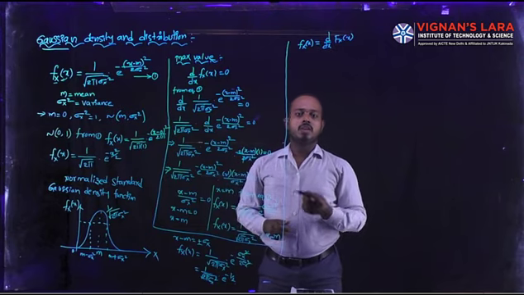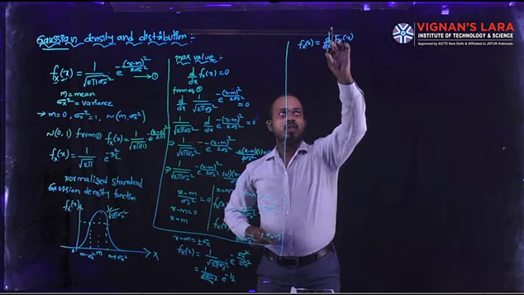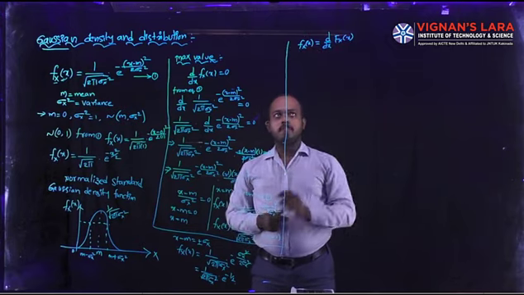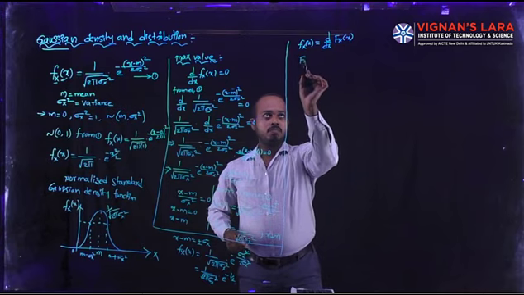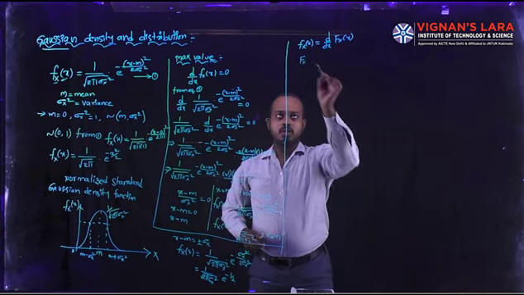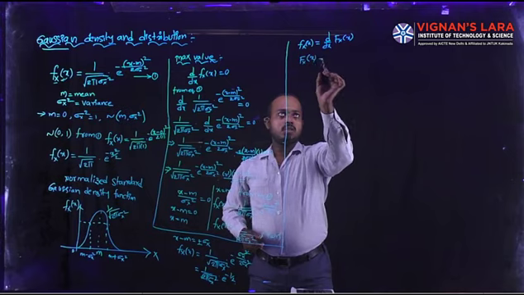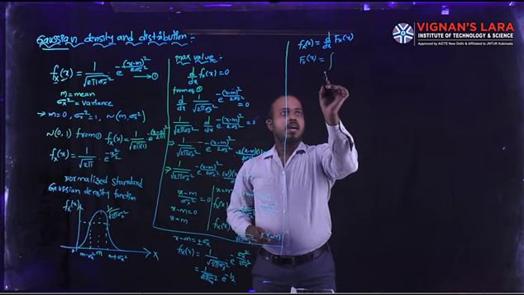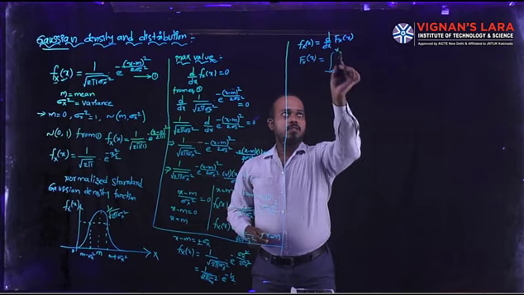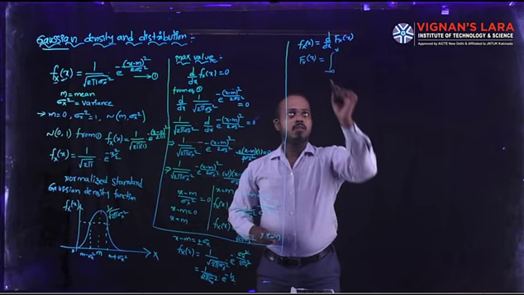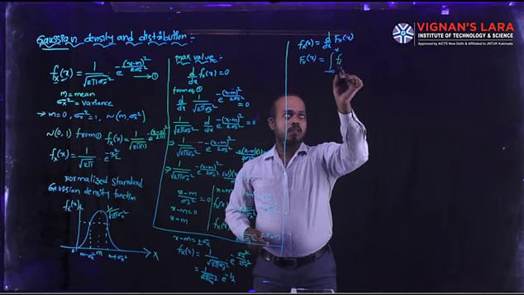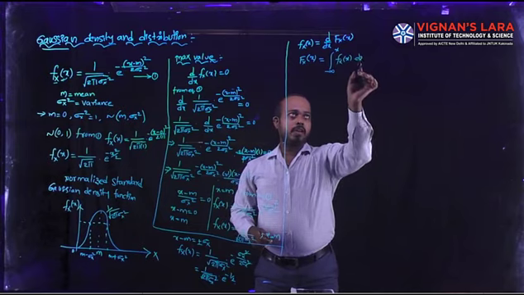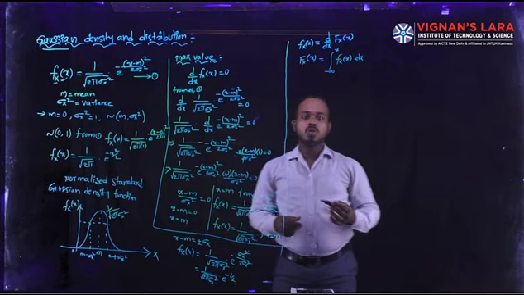We can move this differentiation to the left-hand side, and then it changes to integration. So the relation between distribution and density is Fx of x is equal to the integral from minus infinity to x of the density function fx of x into dx.